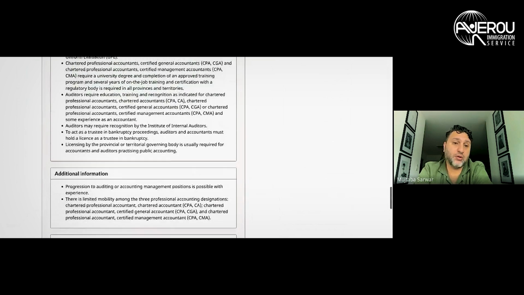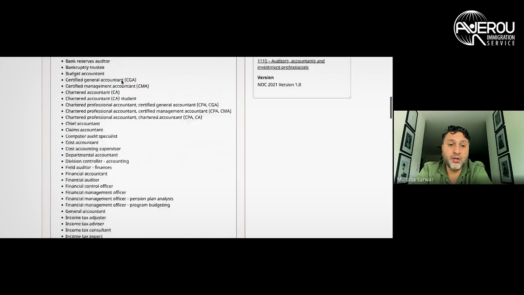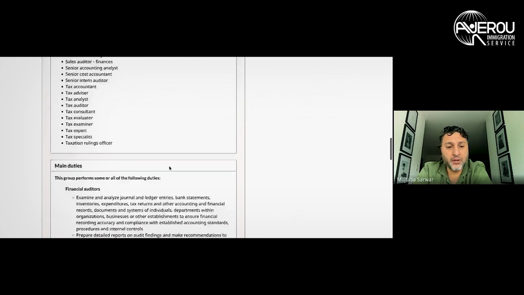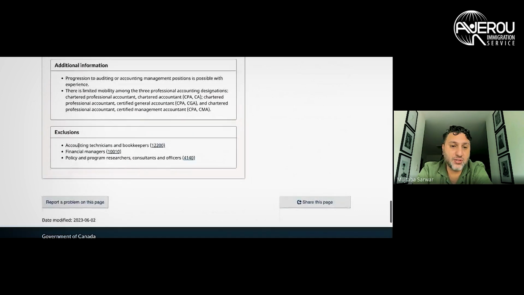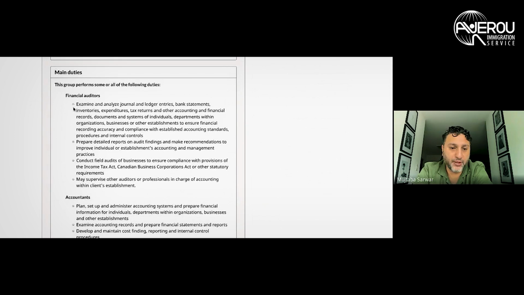And another thing to look at when you want to know whether what you're doing is actually your NOC code is you look at the employment requirements, right? So you think, okay, maybe my NOC code is this, let me verify. First thing I would look at is obviously the main duties here, right?